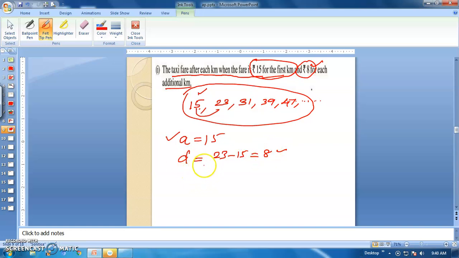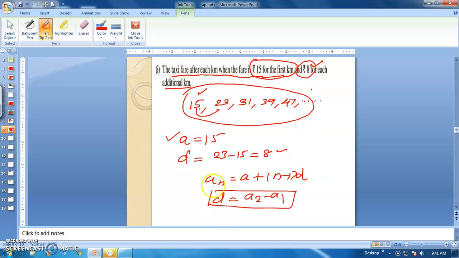So already I said the formula for the nth term of an AP is a plus n minus 1 into d, and the formula for d is a2 minus a1. Here a2 means the second term.